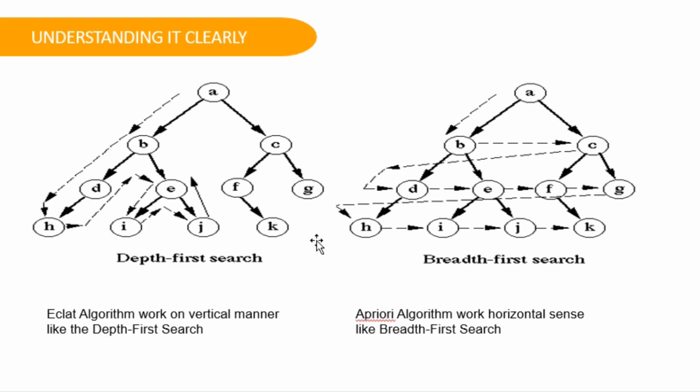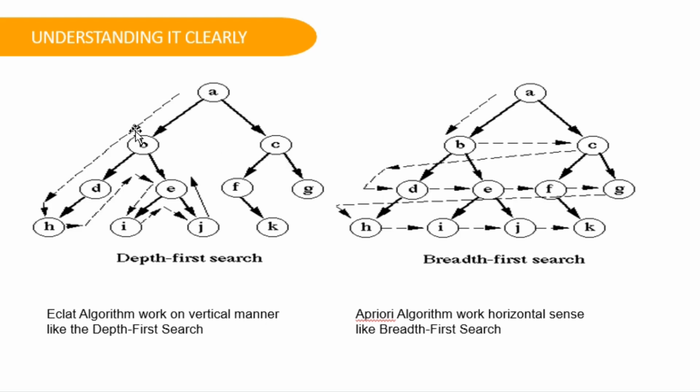Let us consider the same example that we have taken in the Apriori algorithm, that is, considering I as our search element. Here the search technique is very fast. You can see that from A we go to B, then we pass to the next level without completing that particular level.